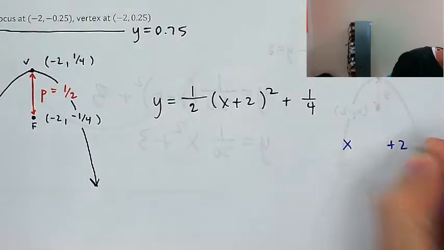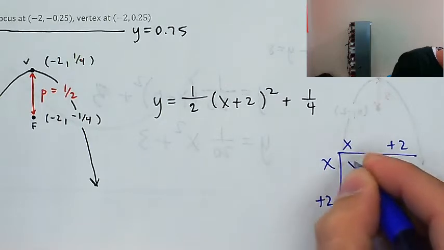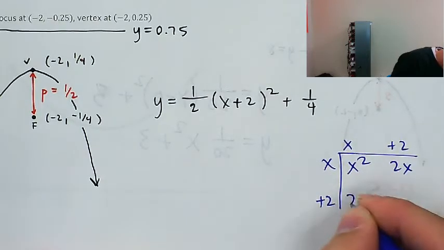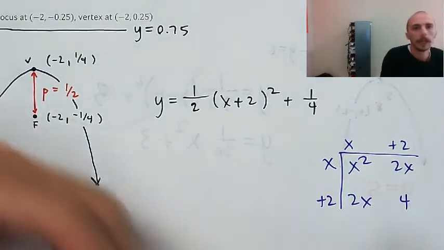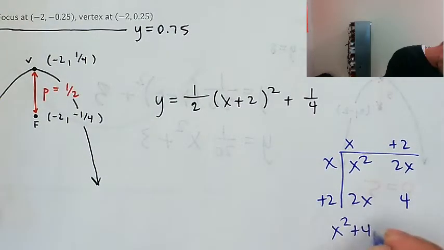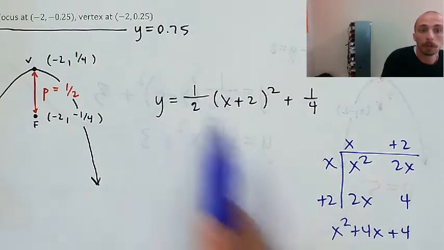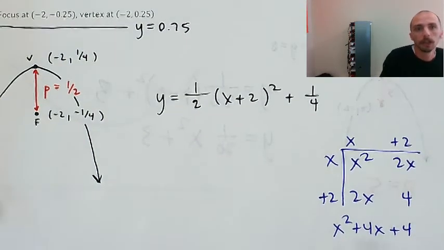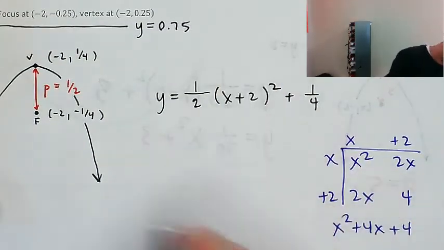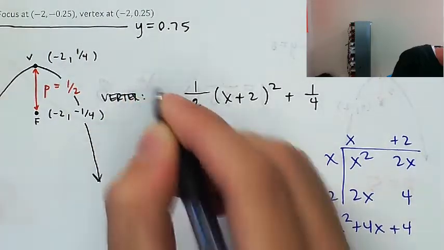So I'll take the x plus 2 and multiply it by the x and the plus 2. And I got x squared, 4x, and 4. Okay, and so I'm going to need to multiply 1/2 by this whole thing. So that will be my vertex form equation.